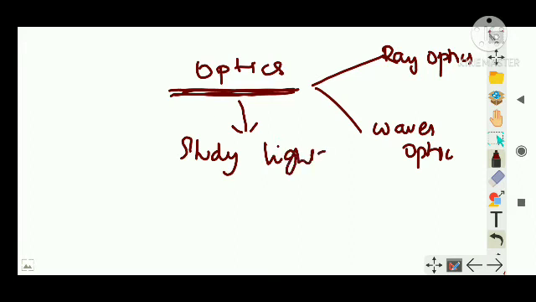The study of light is known as optics, and optics is further classified into ray optics and wave optics. We are studying both of them in two separate chapters, but in many of the NCERT books, JEE NEET books or materials, both chapters are added and just written under a common heading, optics.